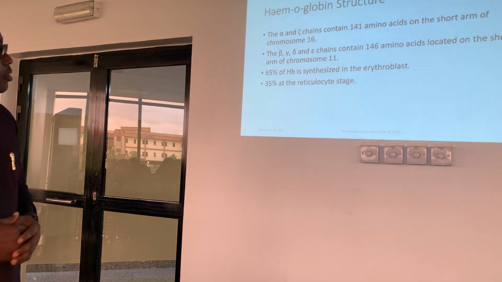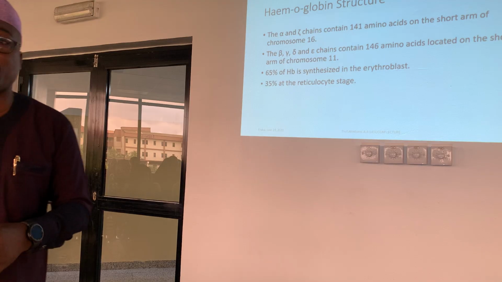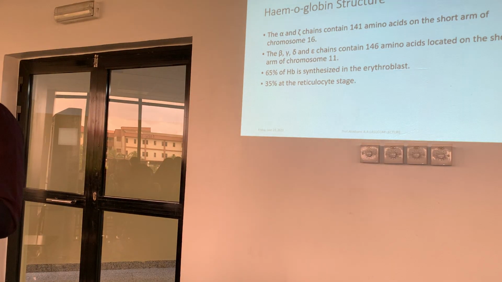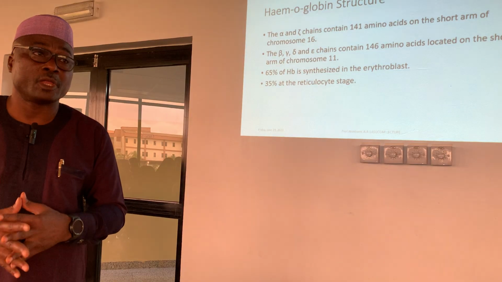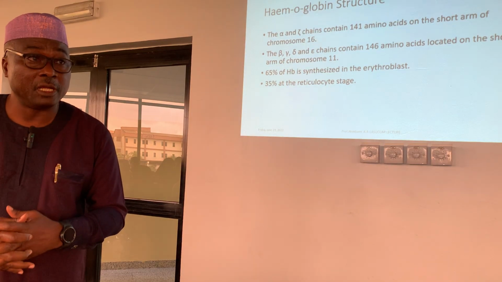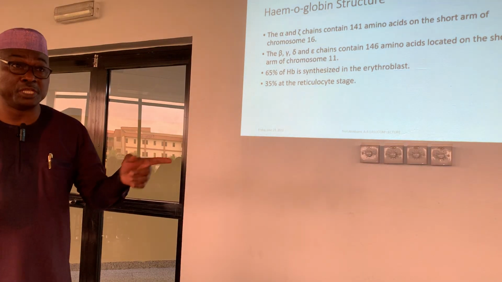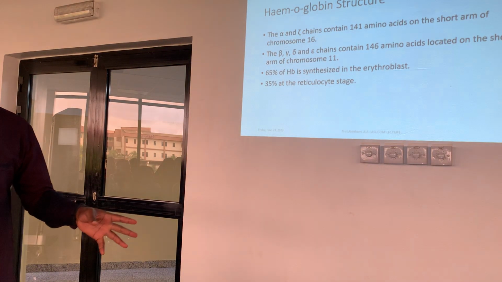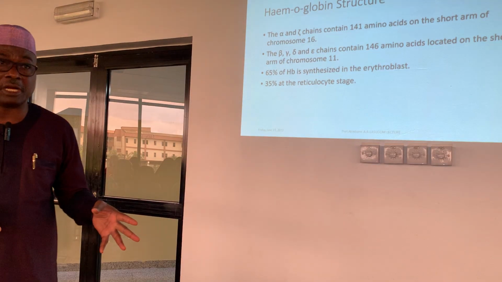So all the hemoglobins are synthesized before the red cell becomes mature. The reason is that a mature red cell does not have mitochondria, and you need mitochondria for production of heme. It starts in the mitochondria, and the last three parts of it end in the mitochondria.